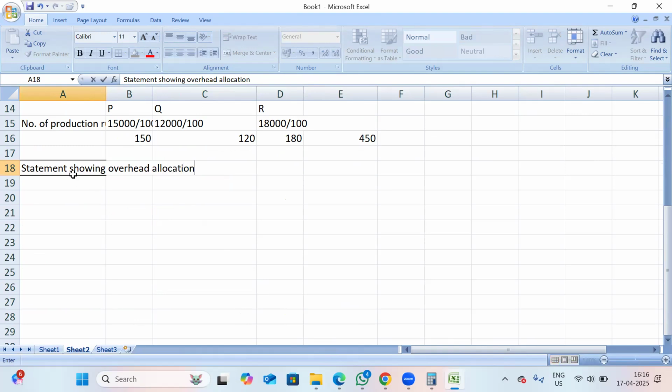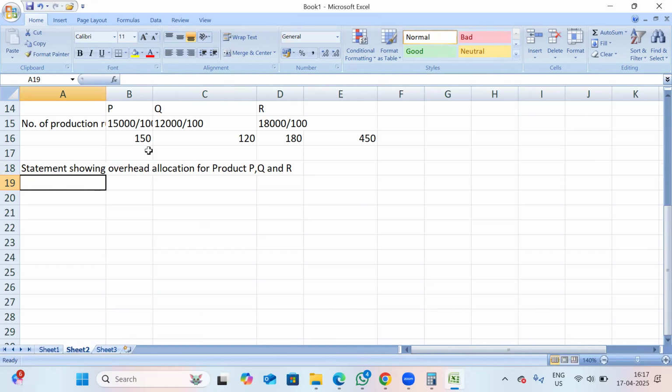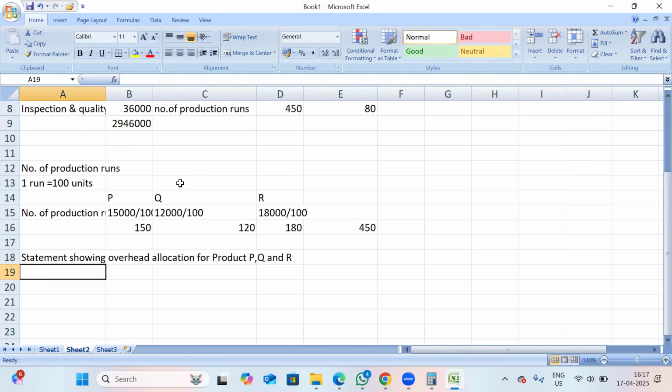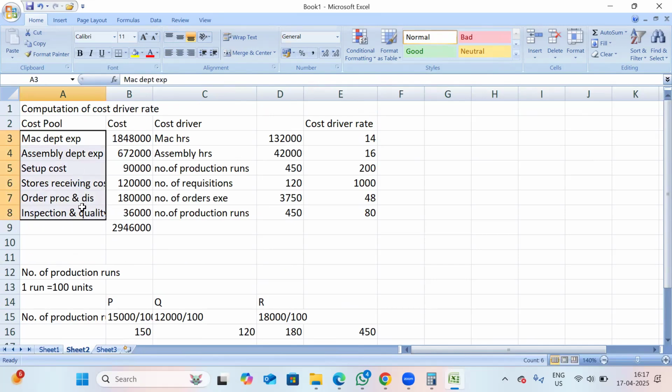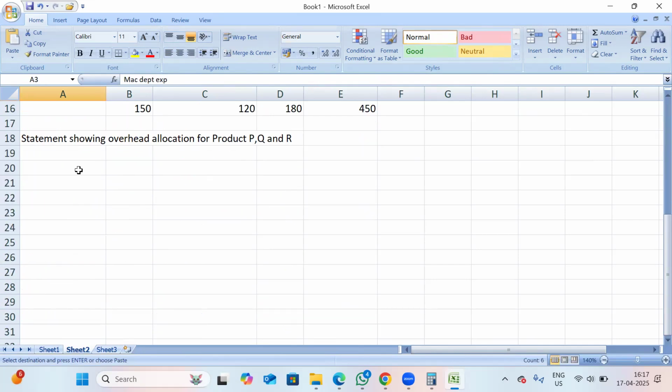So we are going to prepare overhead allocation for products P, Q, and R. All this cost will be segregated now product wise.